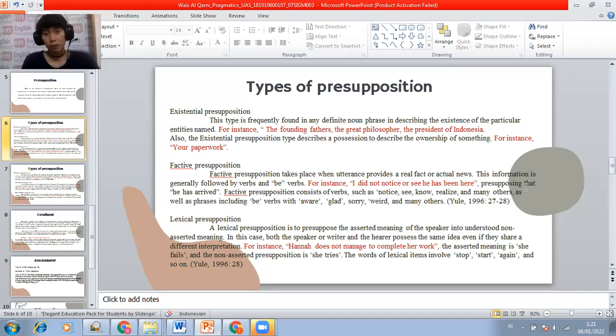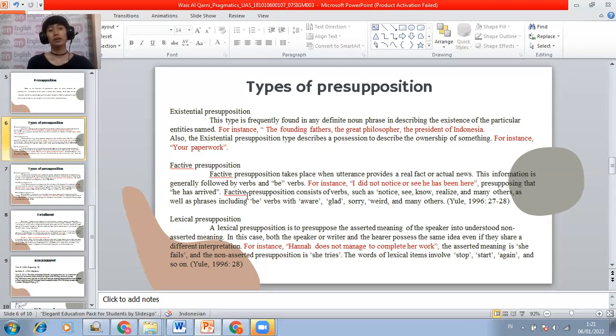This is presupposing that he has arrived, the proposition, right? And he's been here means he's arrived. I didn't notice means he is actually here, but you just didn't see him. That's a presupposition.